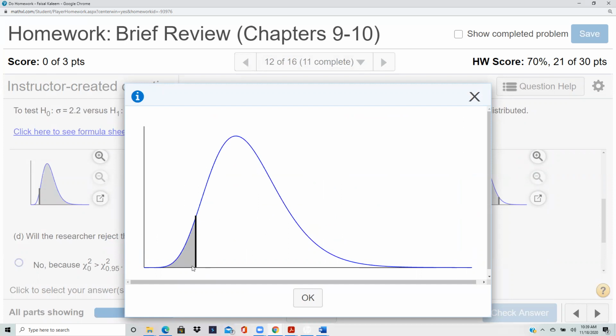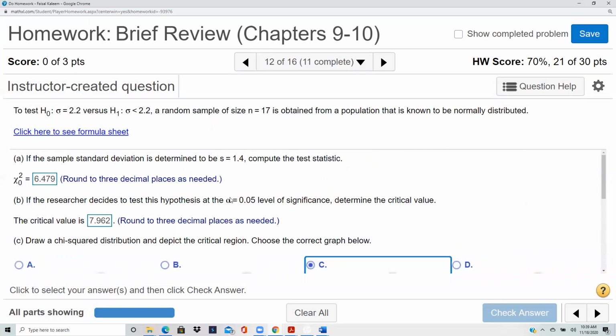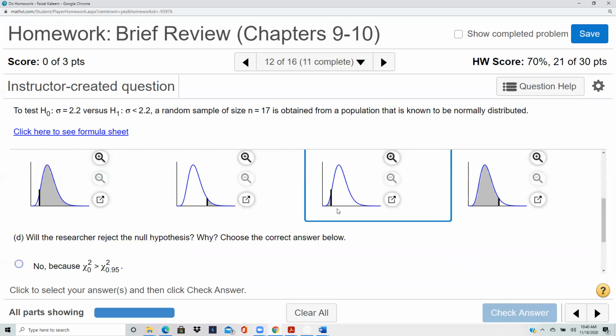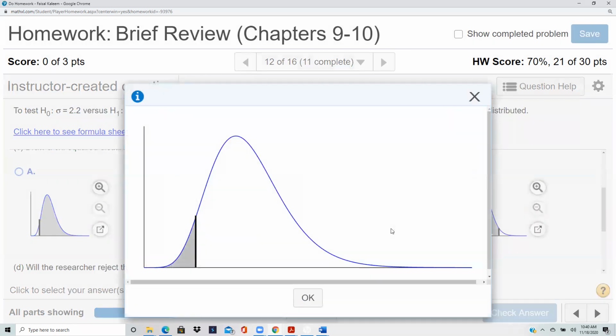And then what was the test statistic? 6.4. Right, so this was 7.9 and this is 6.4. So now tell me, where will 6.4 be compared to 7.9?